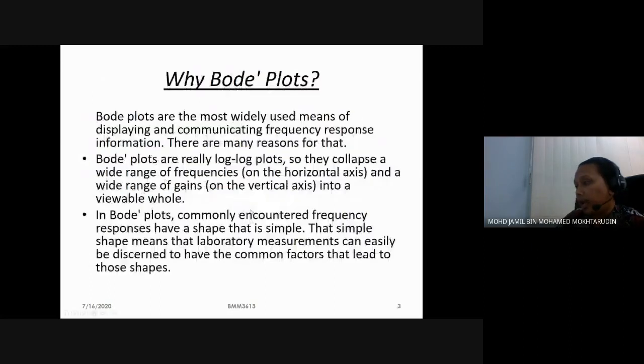As I said just now, Bode plots are widely used as a means to display or communicate frequency response. So why use Bode plot? Because you can plot your transfer function for a wide range of frequency. Frequency covers a very long range, so you can squeeze it into one single plot. Okay.